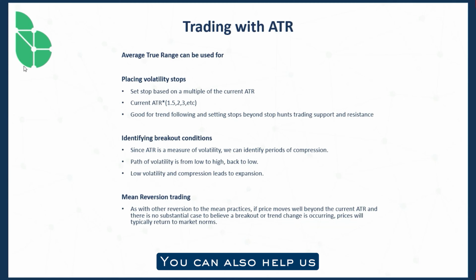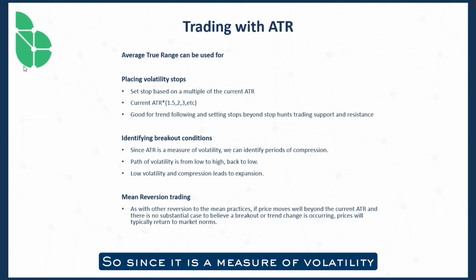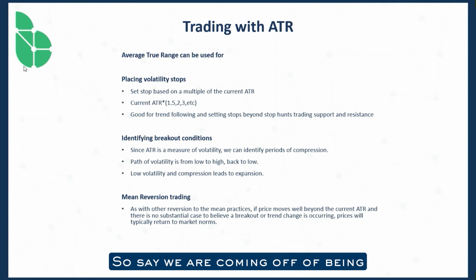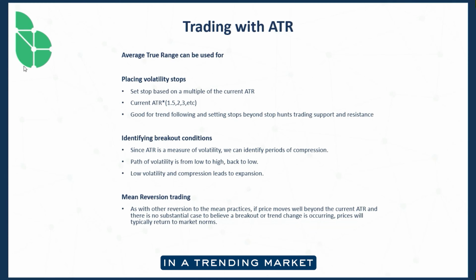It can also help us identify breakout conditions. Since it is a measure of volatility, we can identify when volatility is compressing. Say we are coming off of a trending market. The ATR is probably going to be pretty high, but it's going to taper off as price begins to compress.